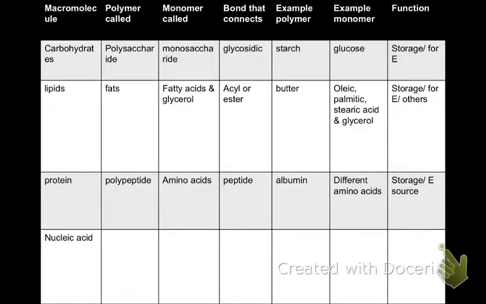So to sum it up, protein is the macromolecule, polypeptide is the polymer, that's what it's called, and the monomers are called amino acids. The bond that connects them is the peptide bond or the CONH bond.